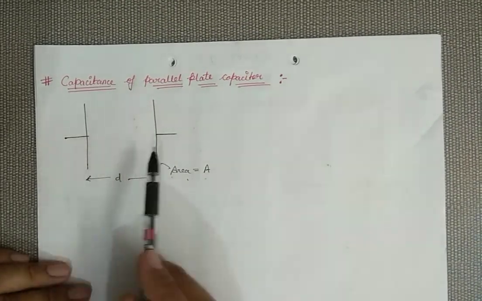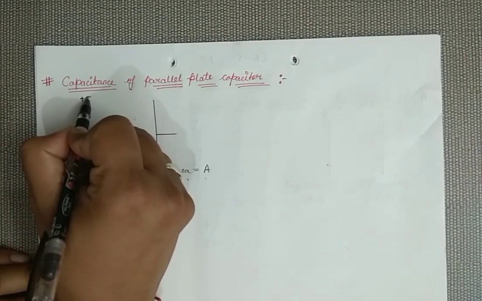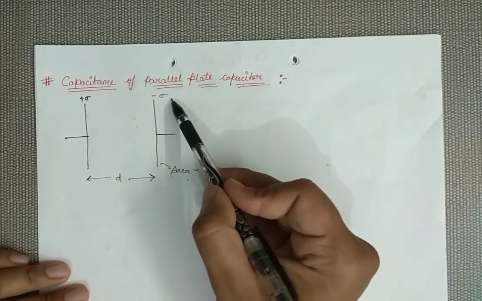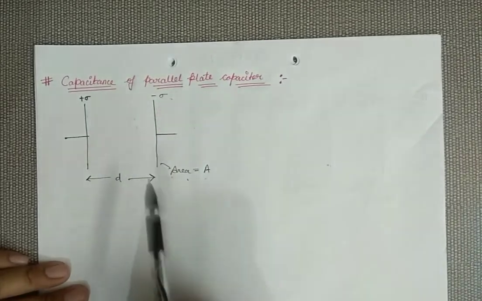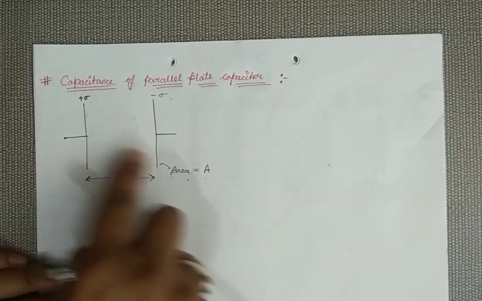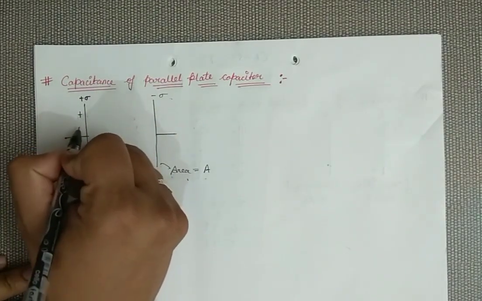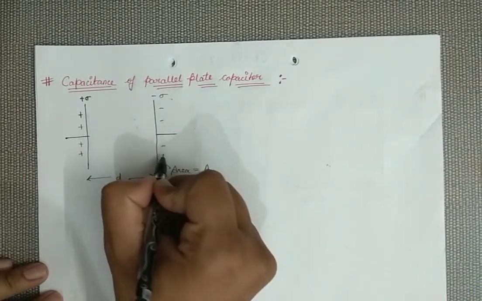Now we have to take this plate as a charged plate. So suppose this is a positive charge plate, plus sigma, if you remember this sigma, and this is negative charge. Here this is the surface charge density. So positive and negative, these two plates will become a parallel plate capacitor. So this one is your positive charge plate and this one is your negative charge plate.